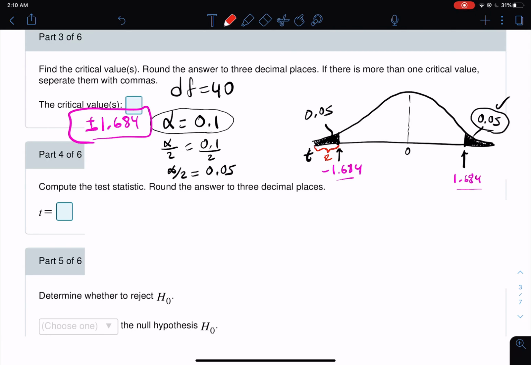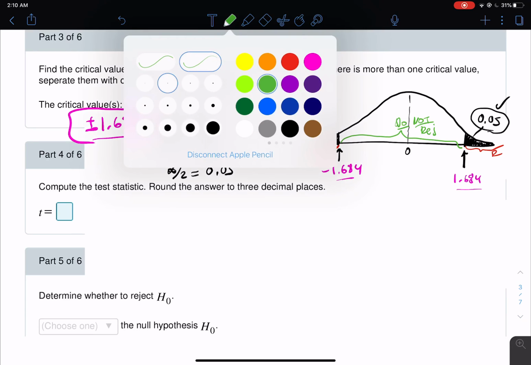If we end up in this region right here, then we must reject. If we end up in this region right here, then we do not reject.